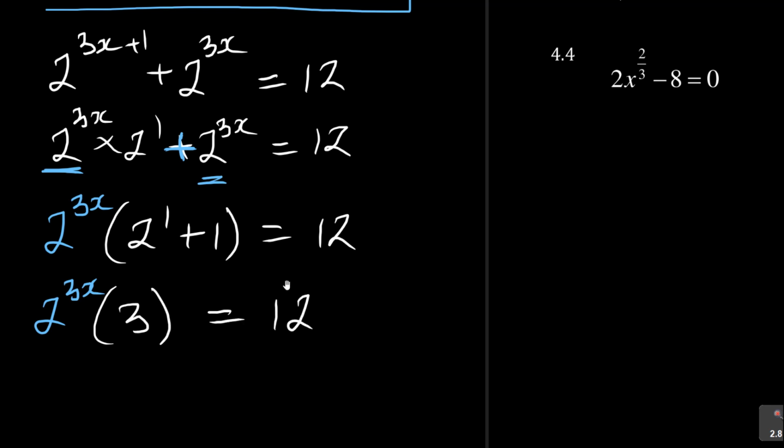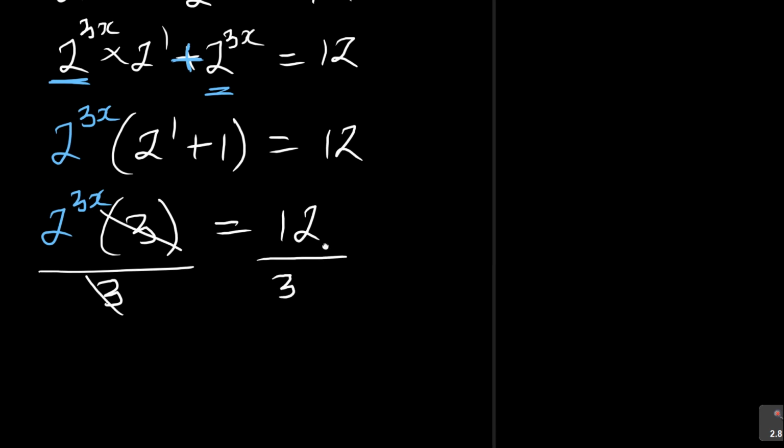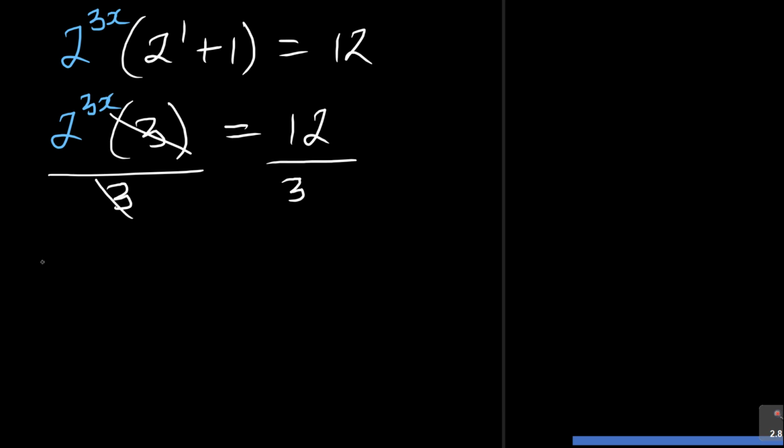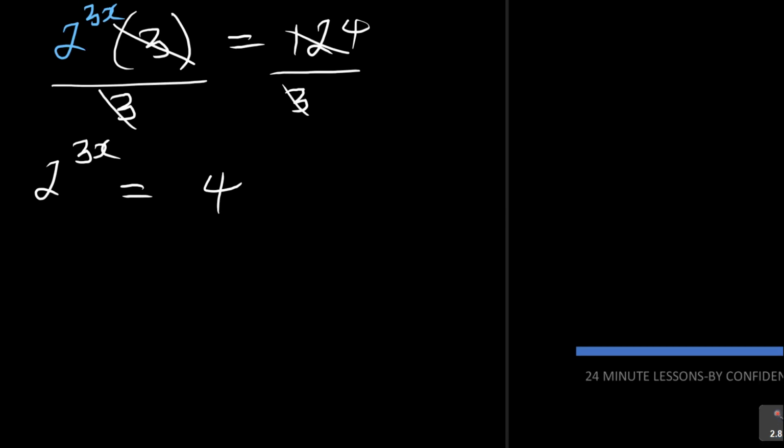Now you don't want that 3, because you're solving for x. Divide by 3, divide by 3. So what do you have? Now you have 2 to the power of 3x is equal to 12 divided by 3, which is 4. Now look at this. You have this part which says a to the power of m is equal to a to the power of n.